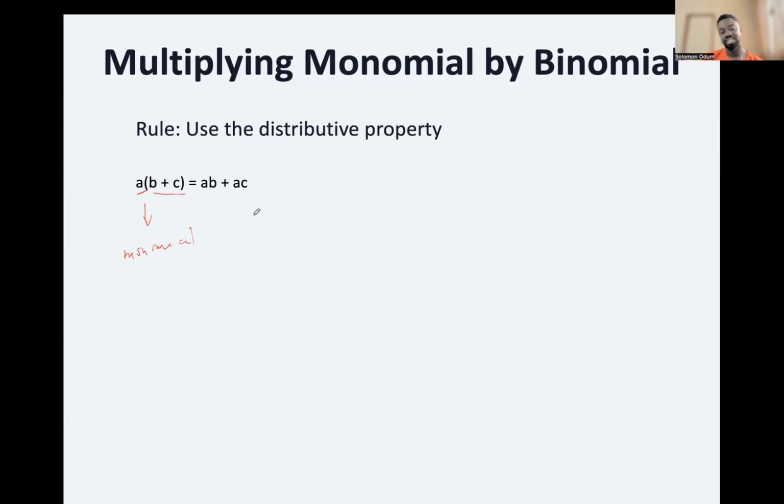Good. So if you are multiplying a monomial by a binomial, you make use of the distributive property.